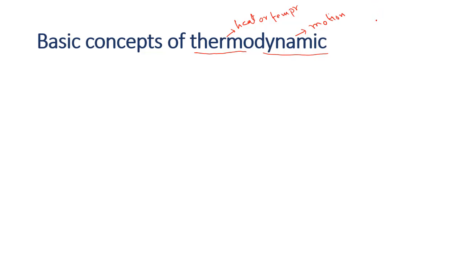But in our mechanics chapter we know that there are two types of motion: one is kinetics and the other is dynamics. Then why are we not writing thermokinetics? Why are we writing thermodynamics? What is the difference between these?